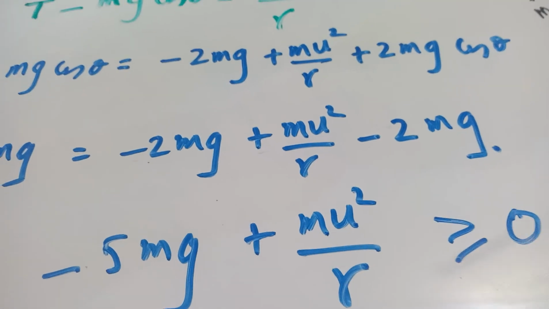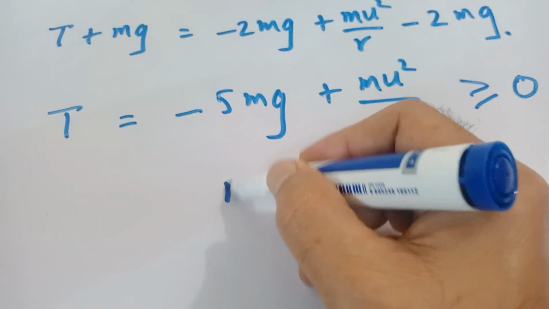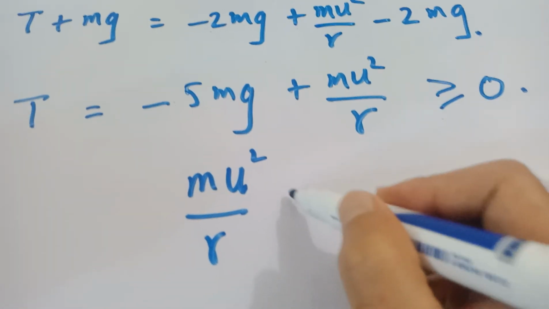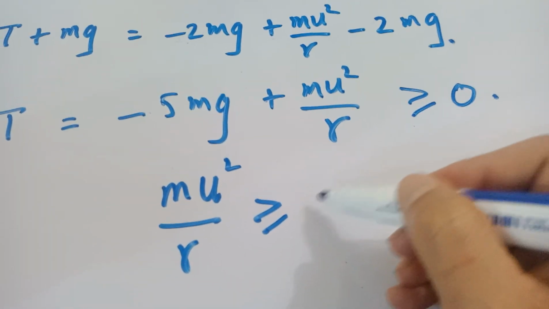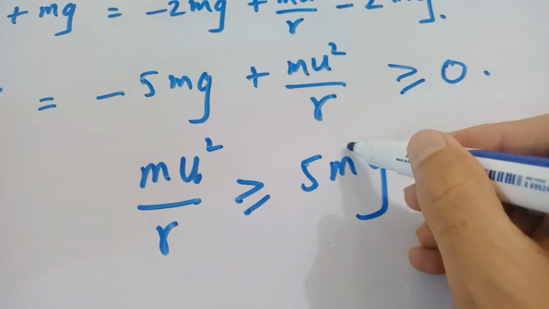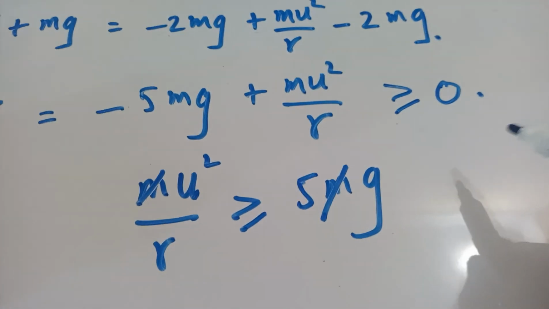So you see that this becomes mu square over r is greater than or equal to 5mg. This m is cancelled with the m.